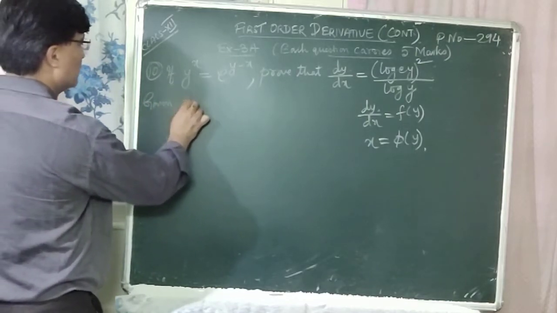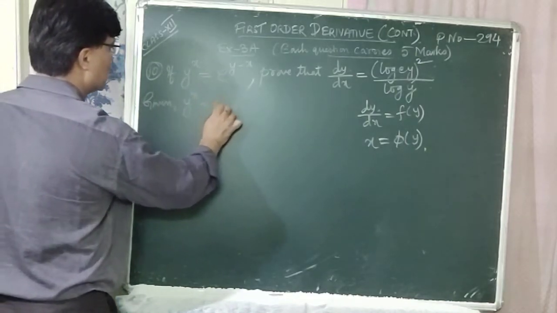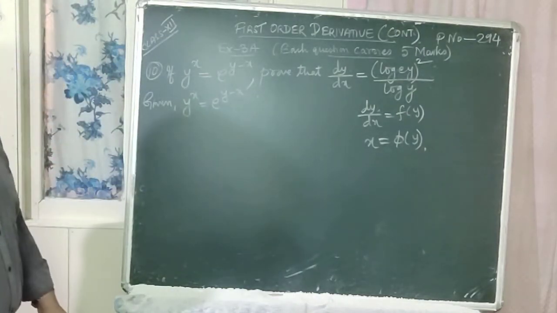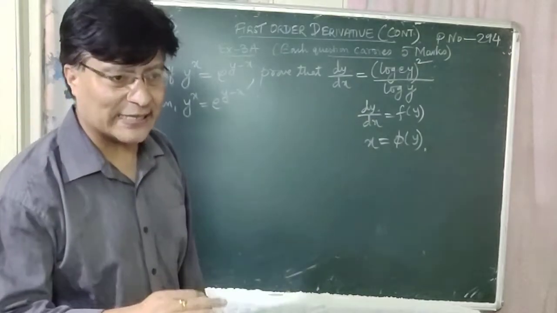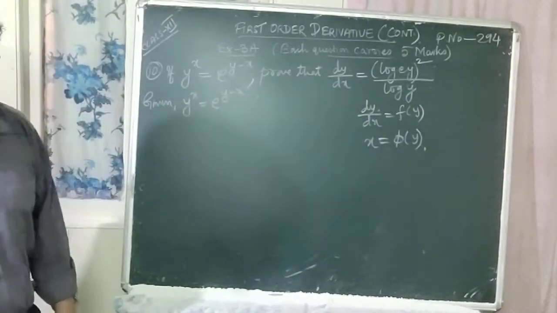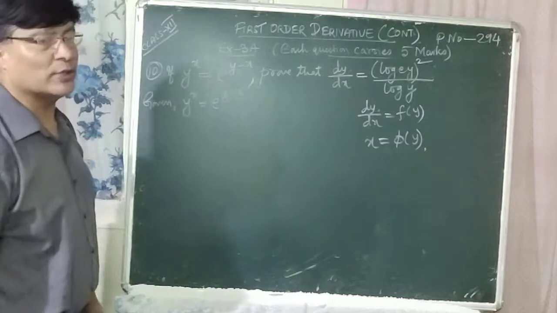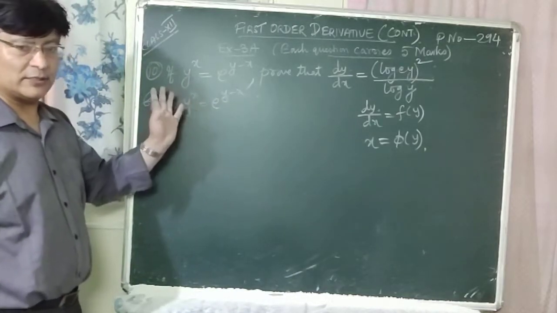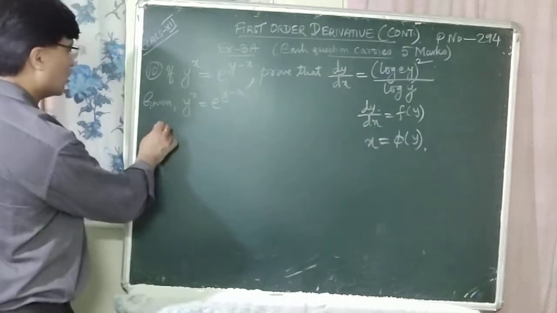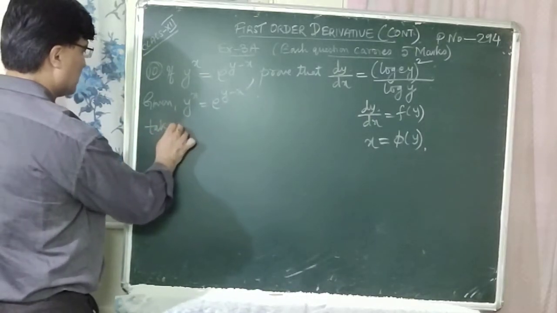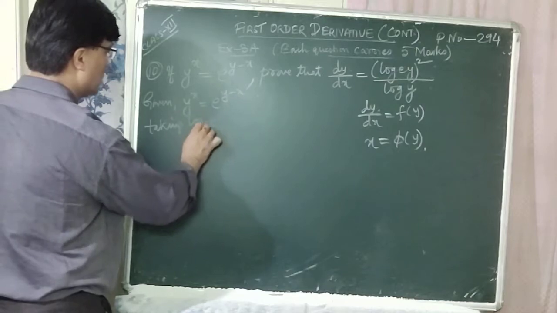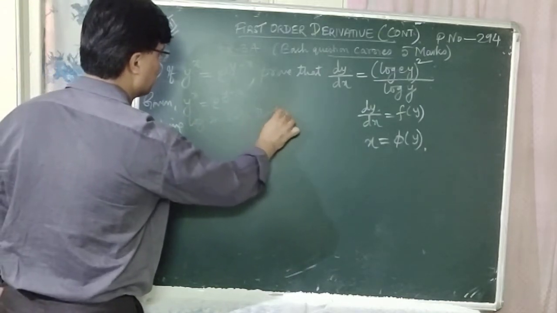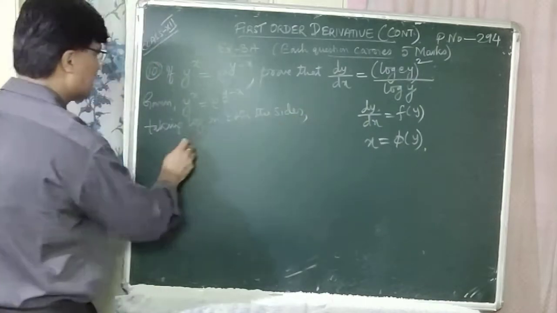So here, given y to the power x is equal to e to the power y minus x. In this case, you have to find the value of x in terms of y, right? So you have to take log on both the sides because x should be in the front. So taking log on both the sides, what do we get?